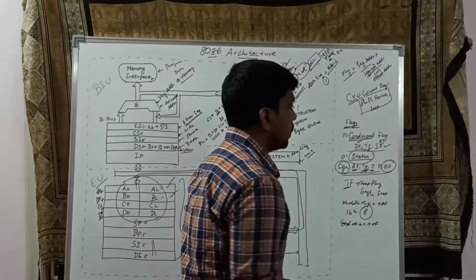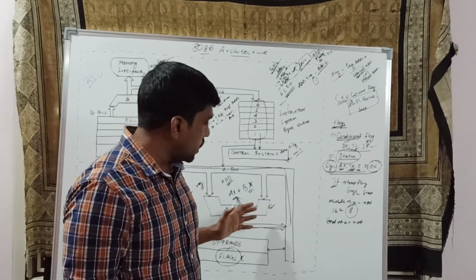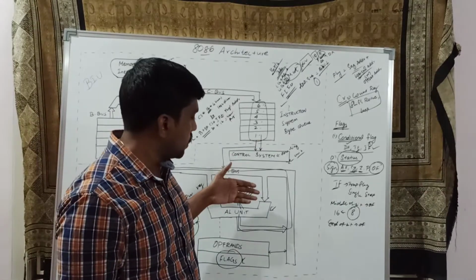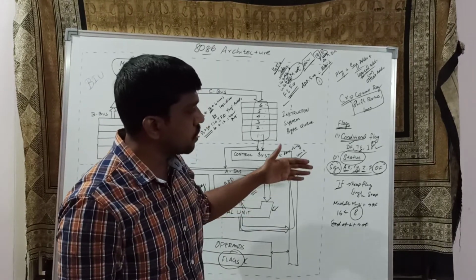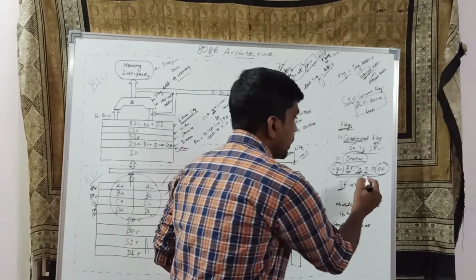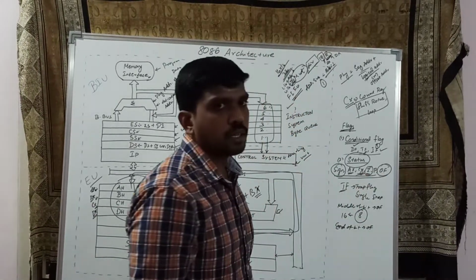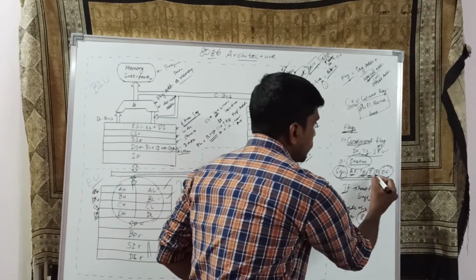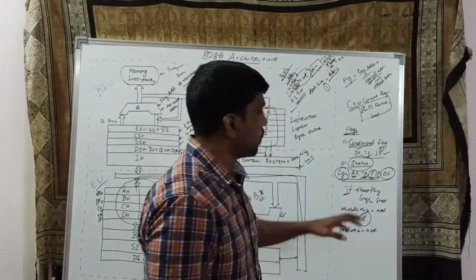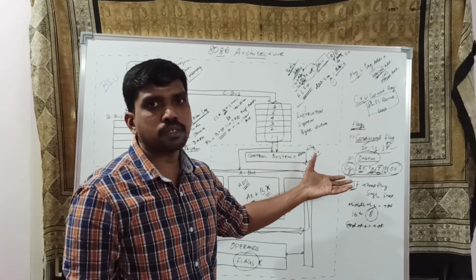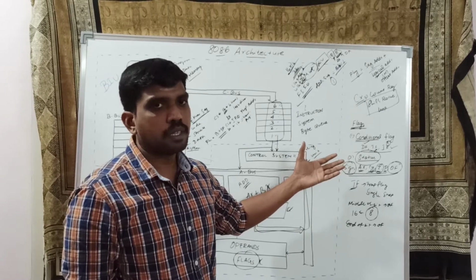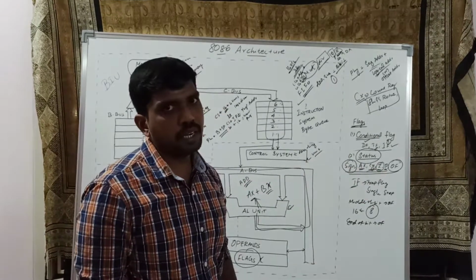Z represents the zero flag. After an addition or subtraction function, if all the bits of the result are 0, the zero flag is set to 1. Then P represents parity. Whether the result has an odd number of 1s or an even number of 1s will be checked through the parity flag.